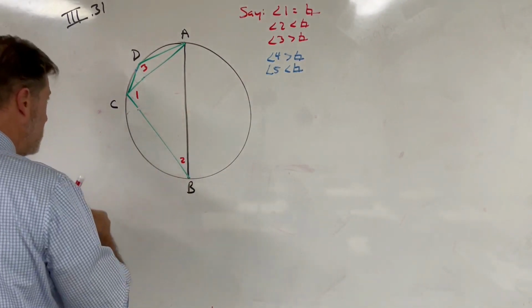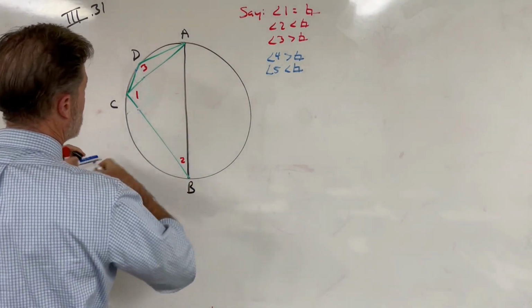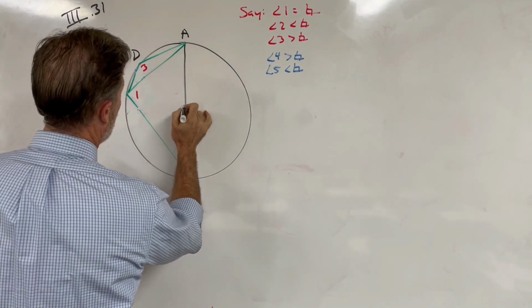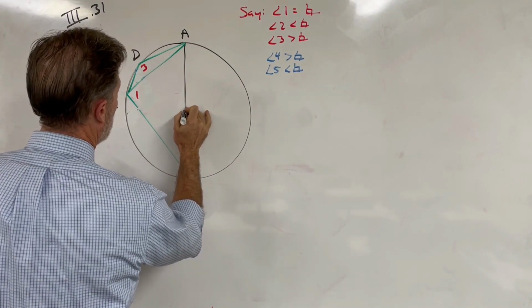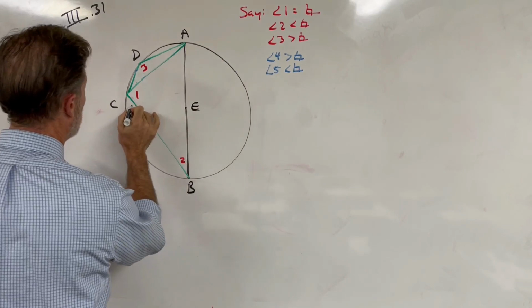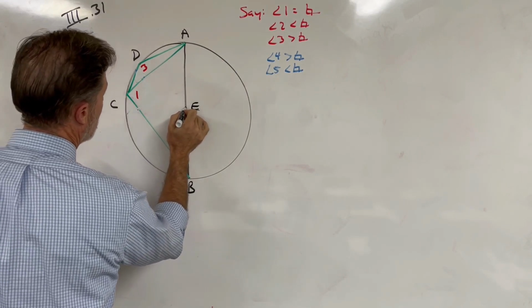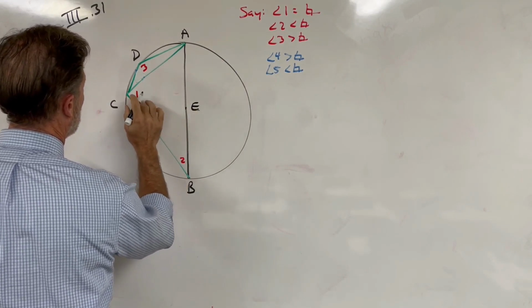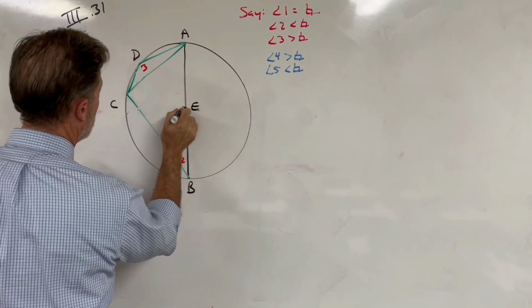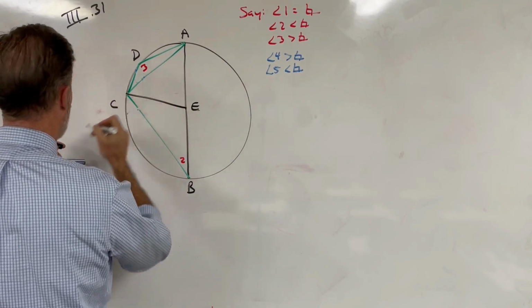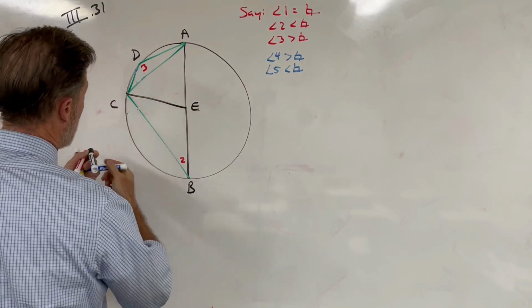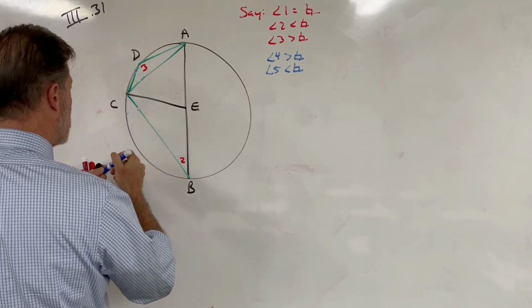So the first thing we're going to do is find the center of our circle, and let it be E. And we're going to connect CE here, and look at the various triangles that we have.